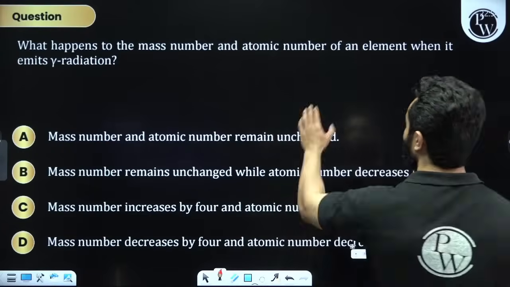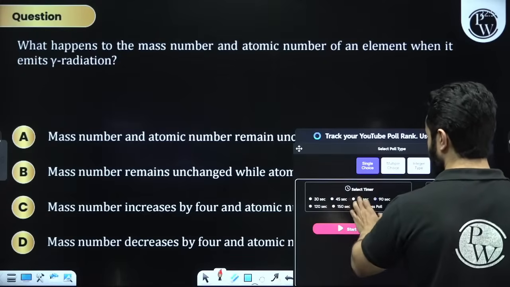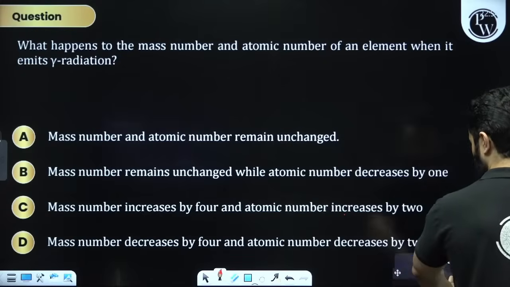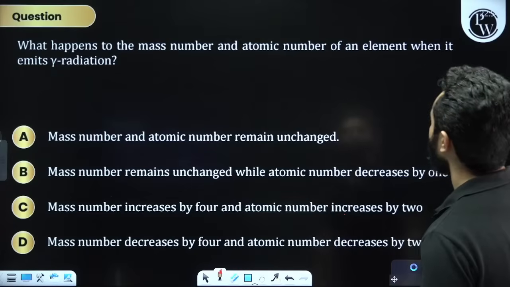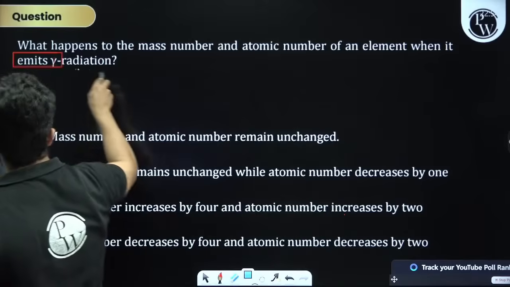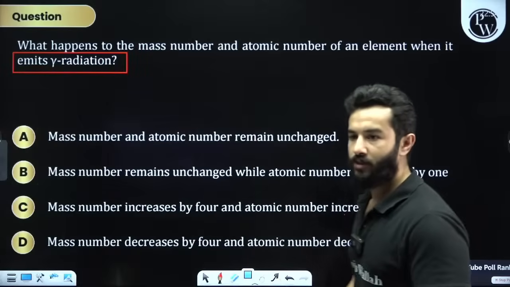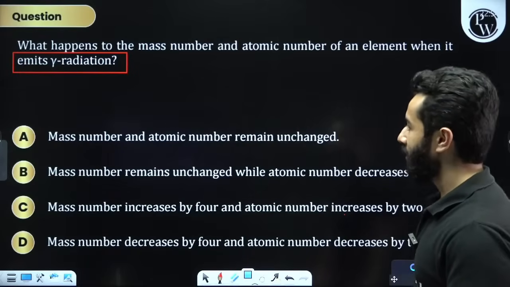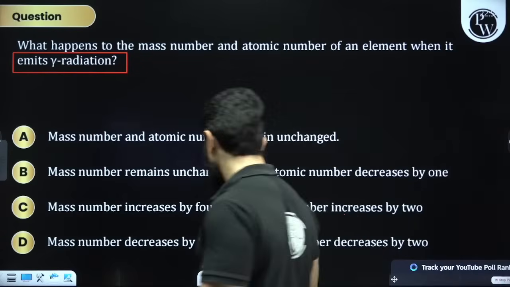What happens to the mass number and atomic number of an element when it emits gamma radiation? In gamma radiation, basically what happens?